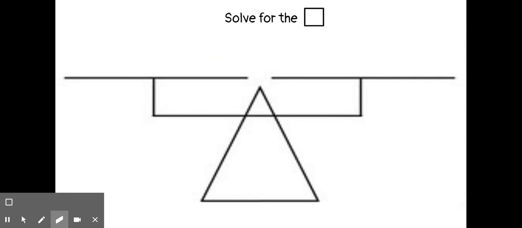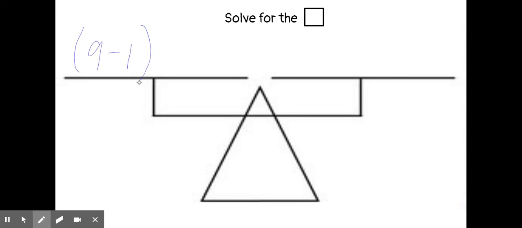Our next example is 9 minus 1 inside parentheses times 4 equals our unknown times 4. And I know some of you already see a trick to this one, and that's okay, but I'm going to go the long way about it.